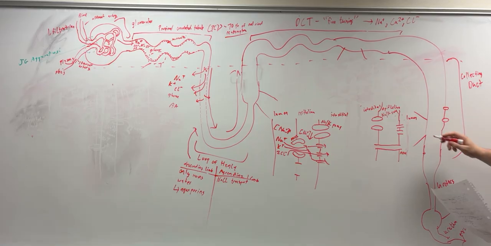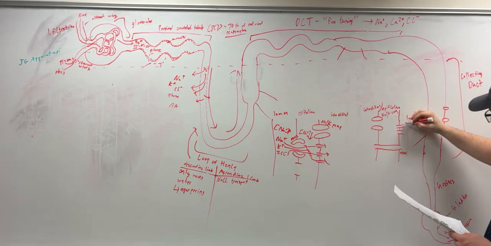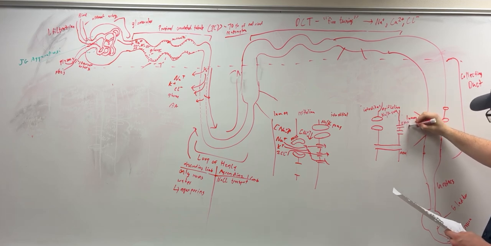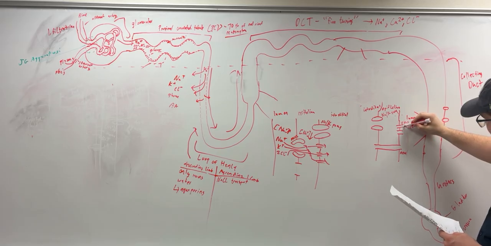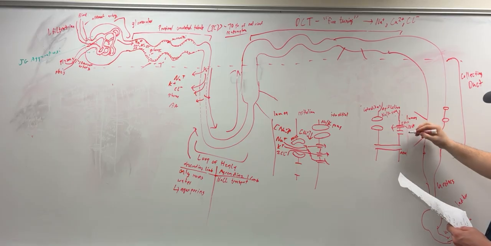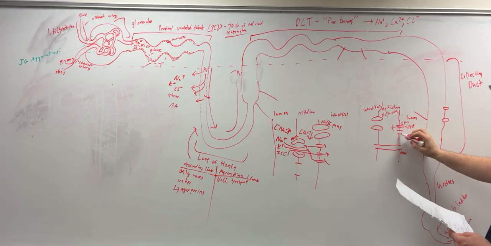The only special things about the collecting duct is it has these channels that are referred to as ENaC, which is just a fancy word for epithelial sodium channel. So this is going to allow sodium to enter the epithelium, and then it is also going to have potassium channels.